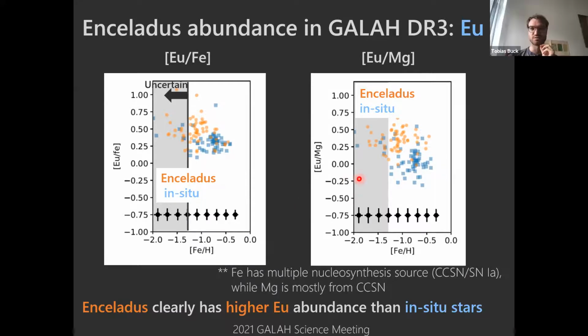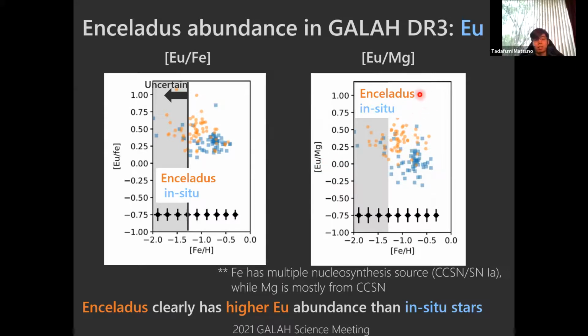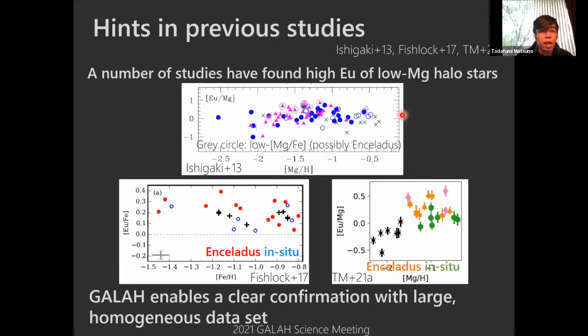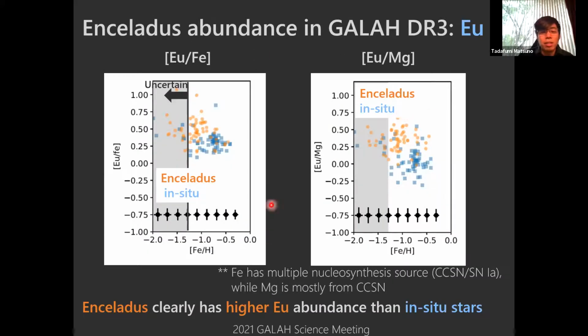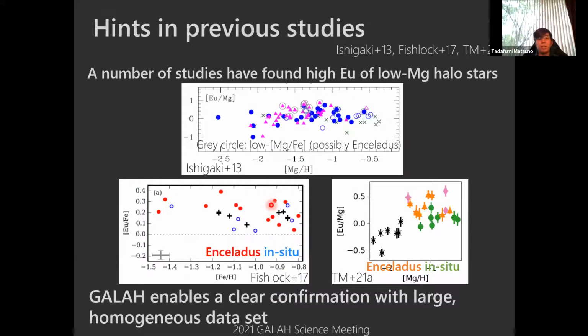Again, it is clear that Gaia-Enceladus stars have a high europium over magnesium abundance ratio compared to in-situ stars at fixed metallicity. This is a good thing, but I think we have to call it a kind of confirmation, because a number of previous studies have witnessed a hint of high europium abundance in halo stars with low magnesium abundances.